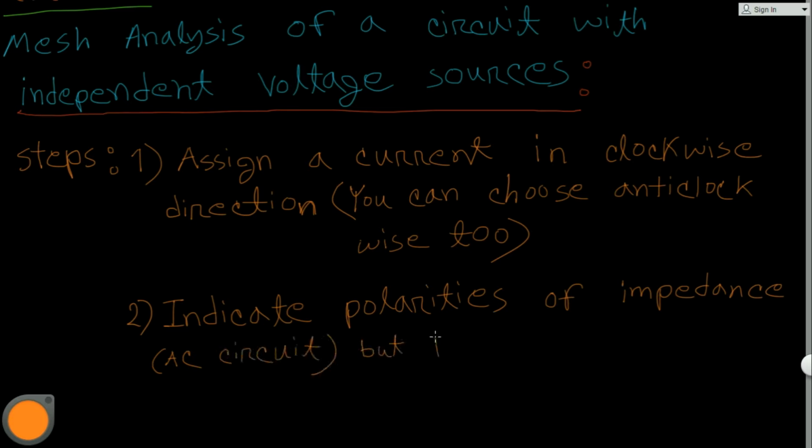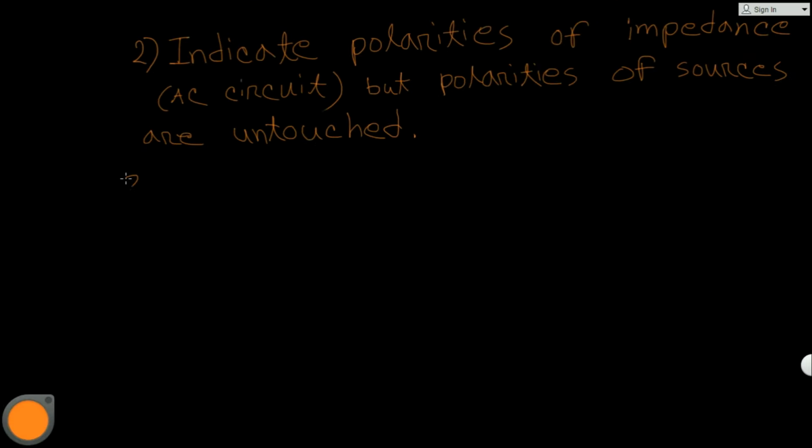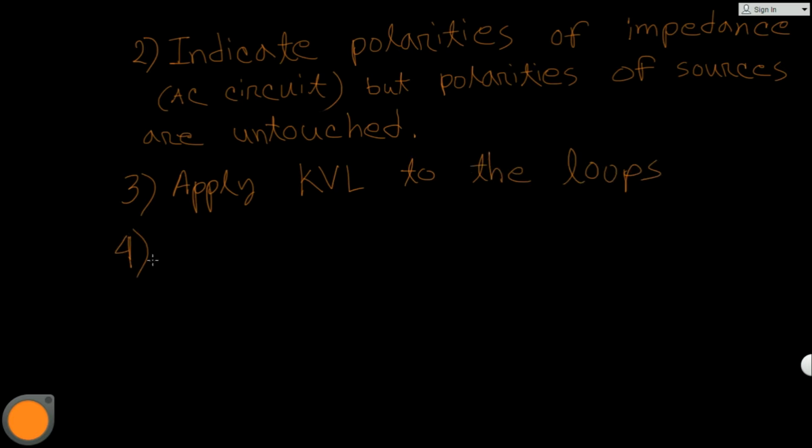But polarities of sources are untouched, so you cannot change the polarities of the sources. 3. Apply KVL rule to the loops. 4. Solve the KVL equations and find out the currents.